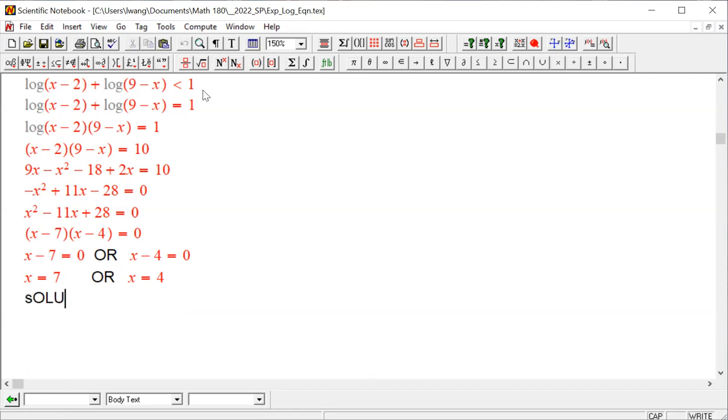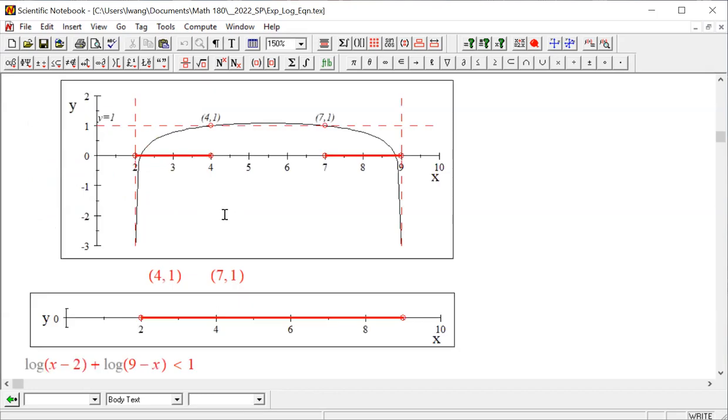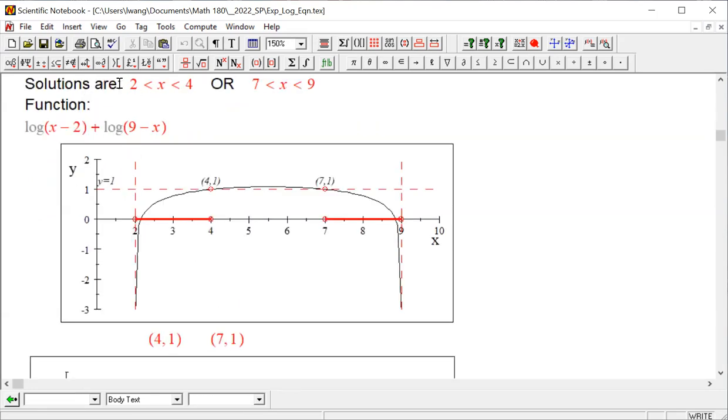So finally, the solutions to that inequality are these.